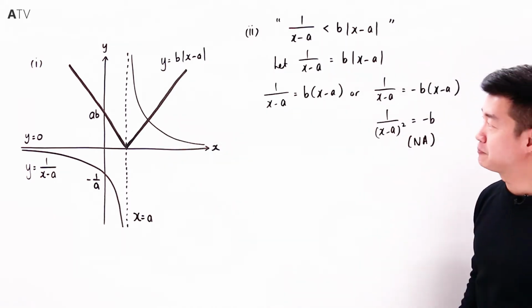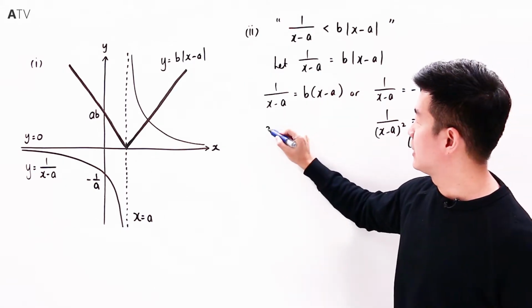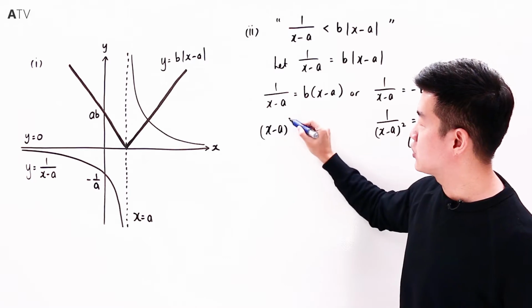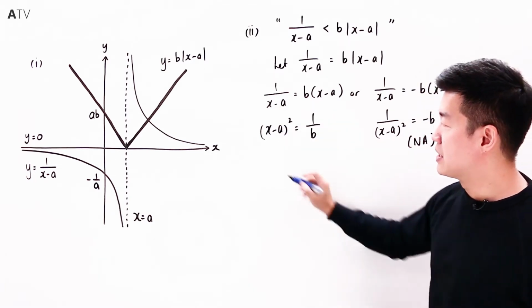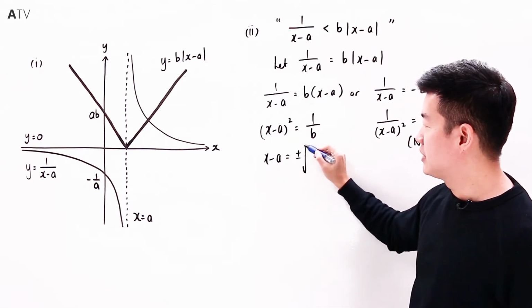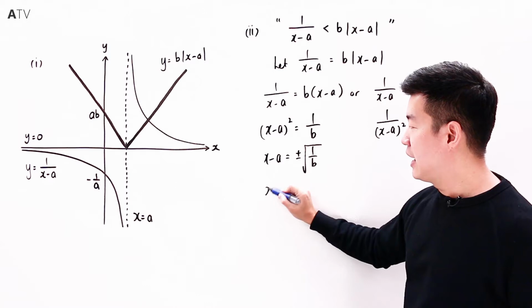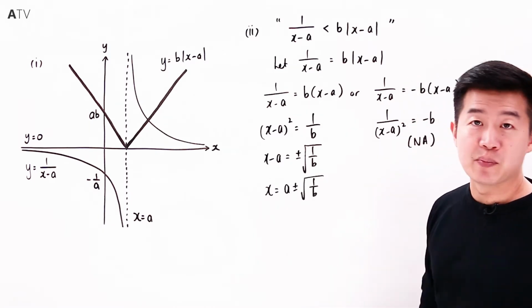Let's continue with this. Bringing x minus a over to the right hand side, I will have x minus a squared. b over to the left hand side, I will have 1 over b, which means that x minus a is going to be equal to plus or minus the square root of 1 over b. x is a plus or minus the square root of 1 over b.